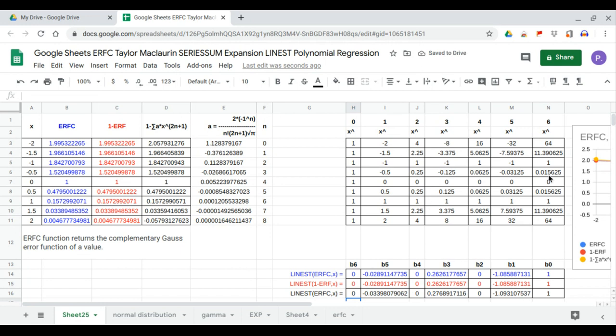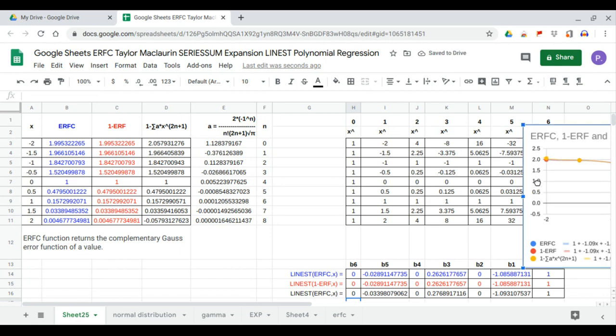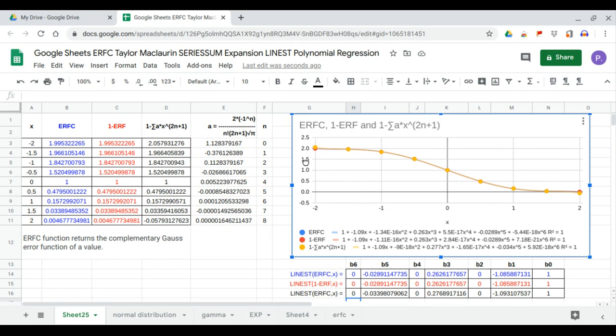Now let's compare the regression. So B0, all of them are 1. B1, negative 1.08. They're all negative, rather was negative 1.09. B2 is 0. That's because negative 1.34 times 10 to the minus 16 is small enough to be 0.